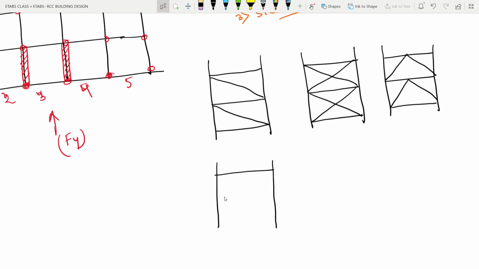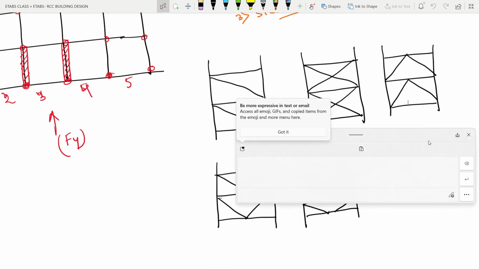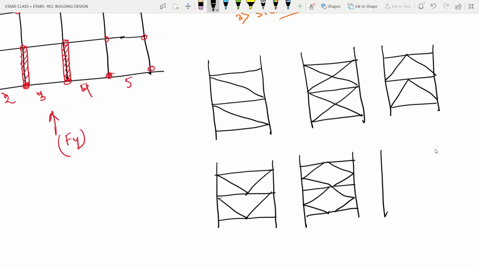So again, there can be a type like this, right? There are numerous types, but I'm just giving you a few very popular ones. So you may have this kind of bracing, and you may have this kind of bracing also, right?